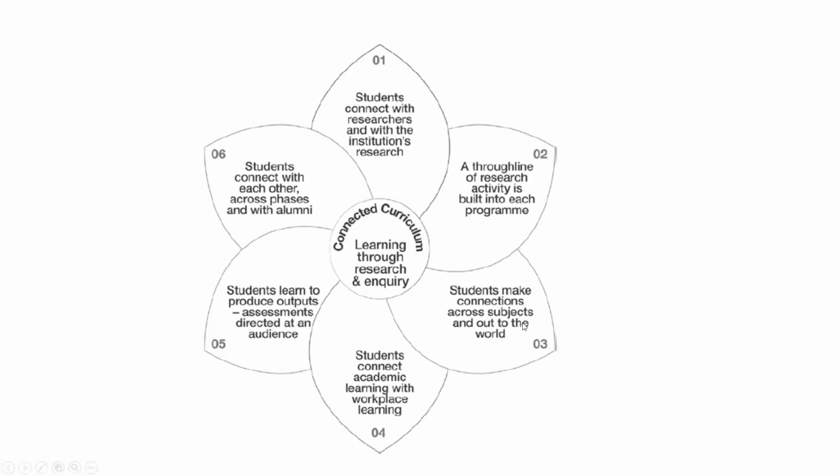Excuse me. The next petal round, we've got students make connections across subjects and out to the world. So this is where we help students make those connections to help make meaning of what they're learning in this particular subject. So this might be a project that's run with maybe another faculty. For example, you could have a co-curricular activity with the business faculty maybe.